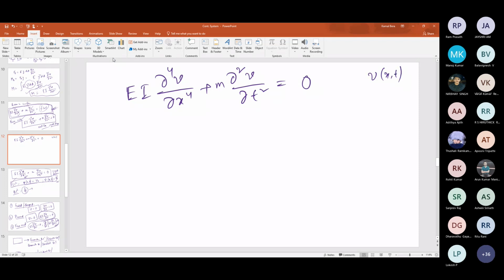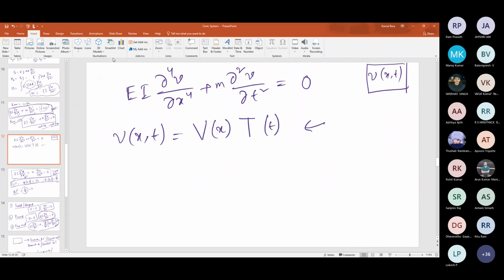So we will assume our solution like that, which is also called the variable separation technique. Let's say capital V, space dependent, and capital T, time dependent. It's called the technique of variable separation.